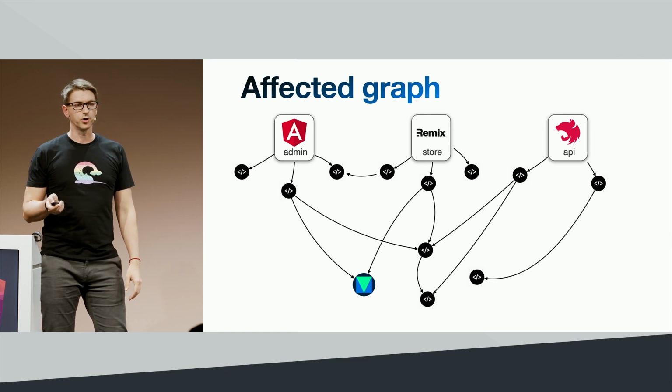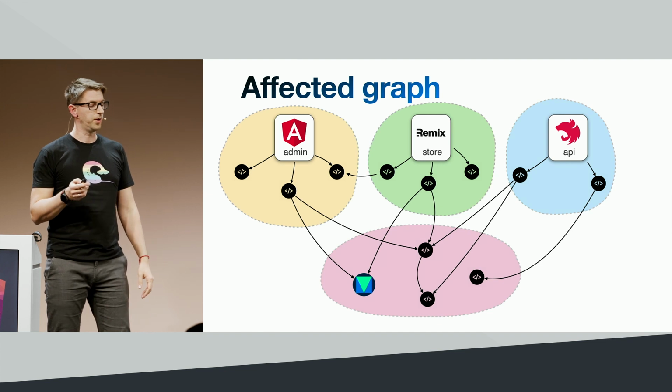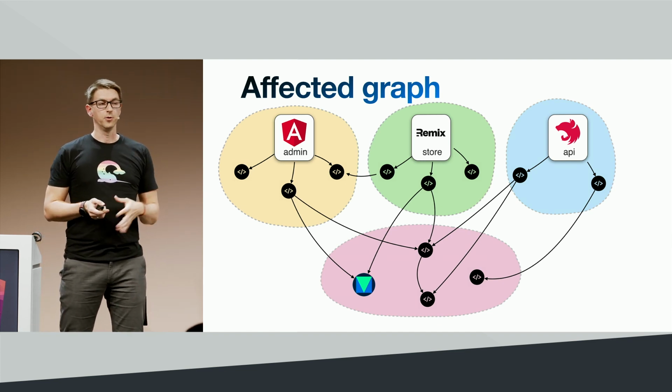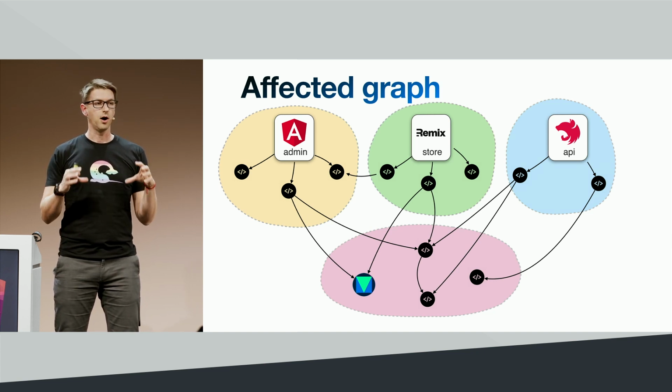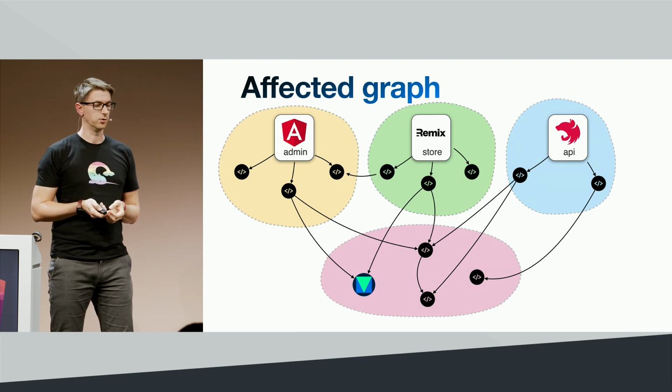And we can also try to isolate scopes. We can say that this is admin scope, that's store scope, API scope, and this on the bottom is our shared scope. And when we know how our scopes look, we can decide how we can communicate between different scopes, what is allowed between different scopes.